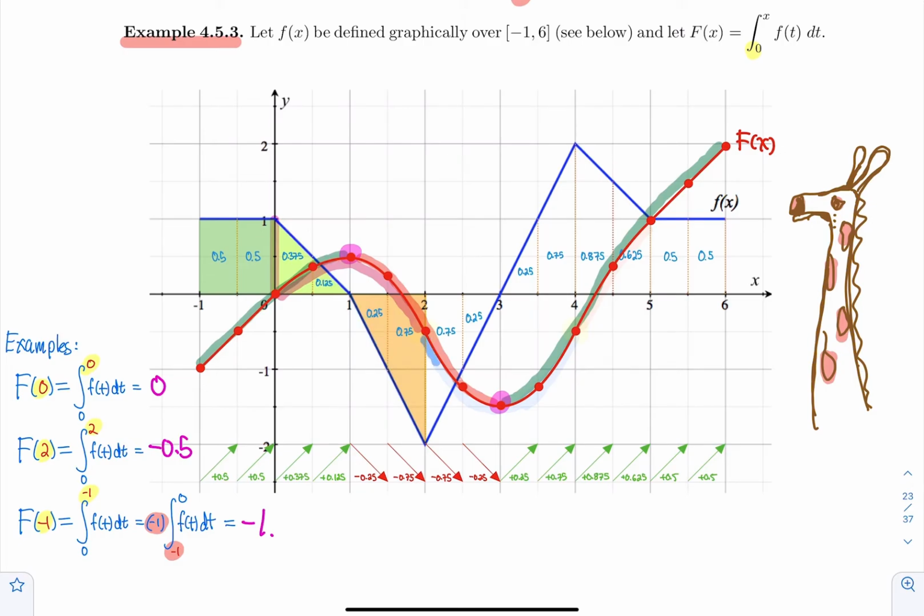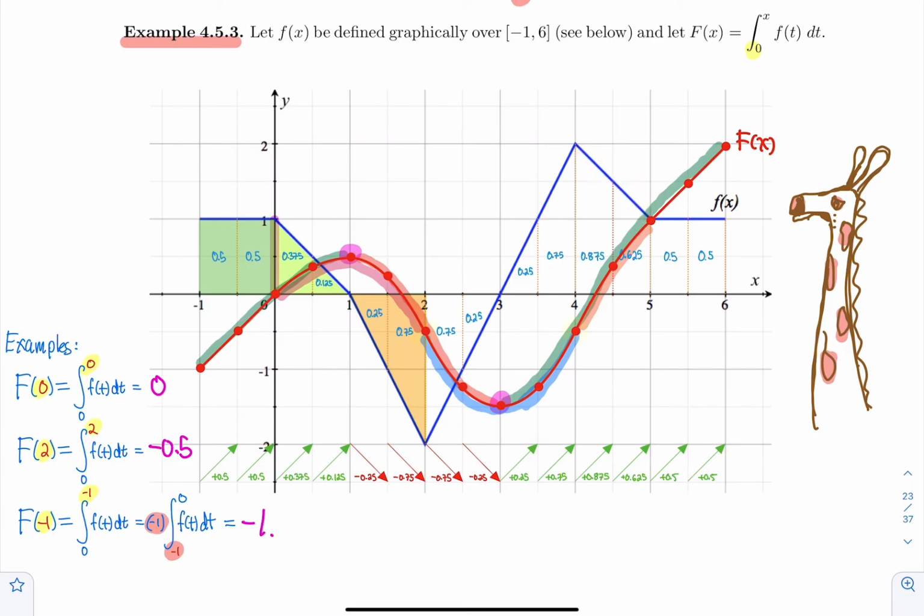And then this function small f is increasing from 2 to 4, and that corresponds to the function big F being now concave up between 2 and 4. It's not super obvious, but big F is concave down between 4 and 5, and that corresponds to the fact that small f is decreasing.